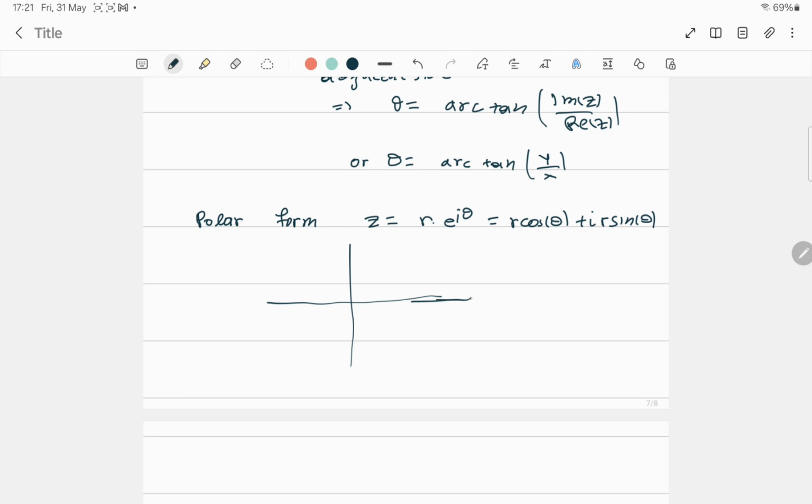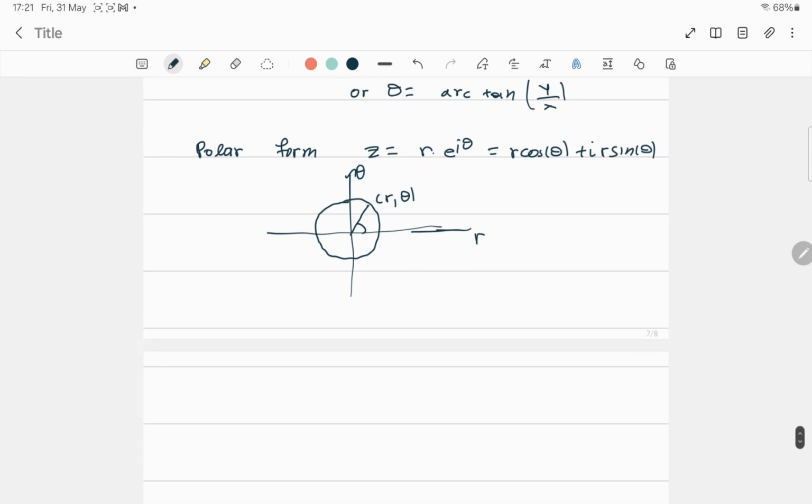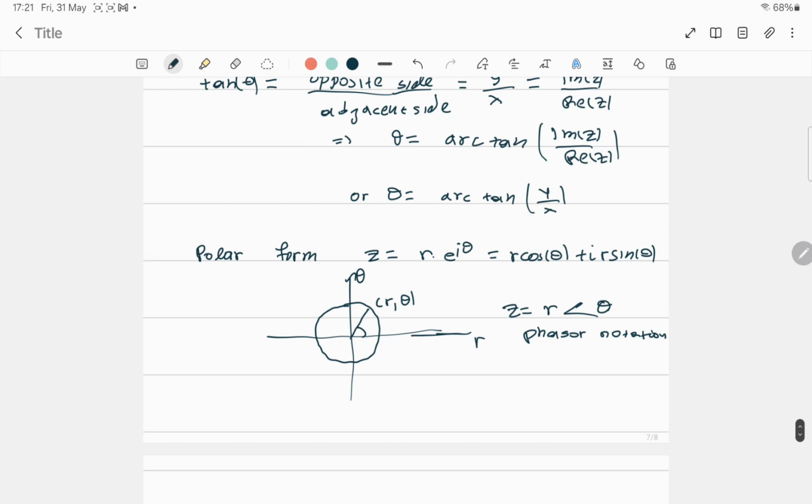So I have polar coordinates, and here I have a circle. This is the radius r, and this is the angle theta. That's what it tells me, and z can also be written like this in phasor mode, using phasor notation.